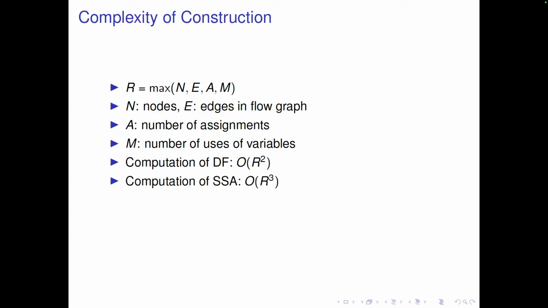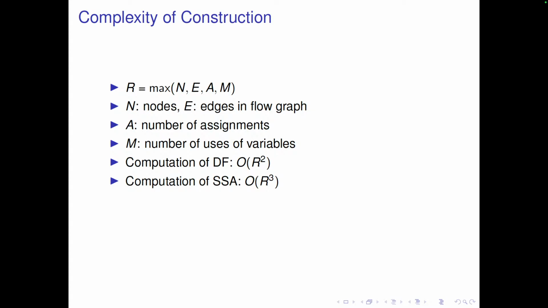So SSA construction, if you do real worst case analysis, is a cubic algorithm, cubic in the maximum of the number of nodes, edges, number of assignments, and number of usages, basically definitions and usages. You take the worst case of all these 4 quantities, it's cubic in that, which seems very bad.